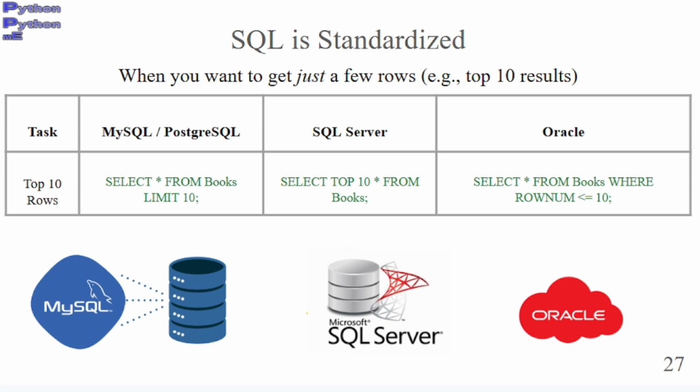But under SQL Server there is an entirely different syntactical structure, which looks like select top 10 star from books. Under Oracle it is somewhat similar to MySQL, but they focus on row num, so it would look like select star from books where row num is less than or equal to 10.